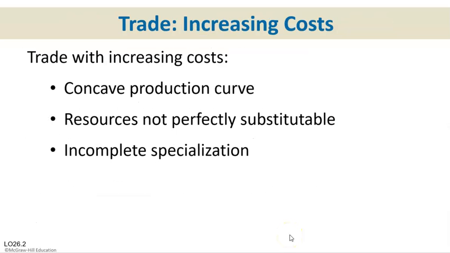The last thing I want to talk about in regards to this production possibility curve analysis is what it would look like if our production possibility curve was actually a curve and not a straight line, which is what it would look like in real life. So if we have trade with increasing costs, remember the law of increasing opportunity cost?